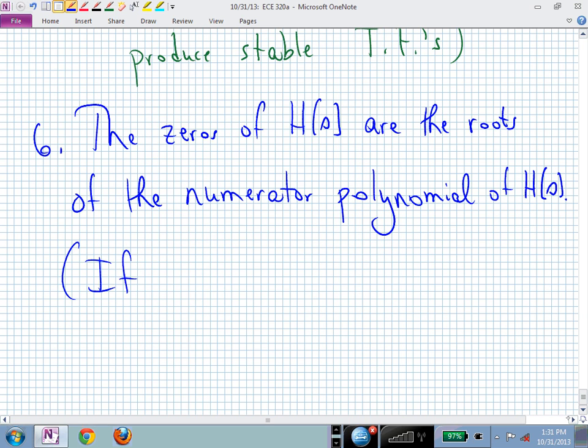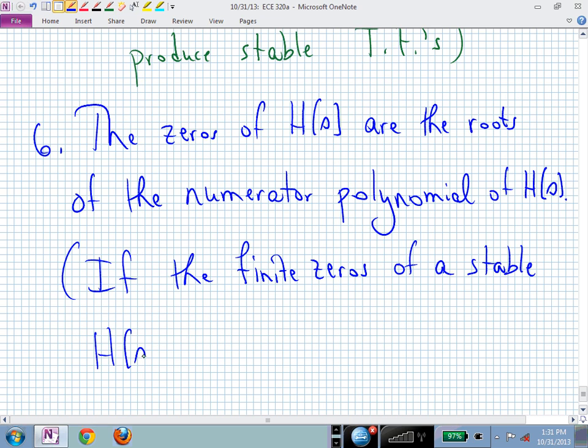Here's something else you might want to text. If the finite zeros, and that means they're not at infinity, so they're bounded, if the finite zeros of a stable transfer function H of s, if the zeros, in addition to the poles, are in the left half plane, or in the LHP, we're texting again.